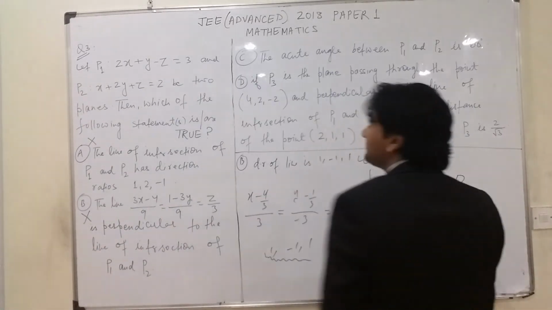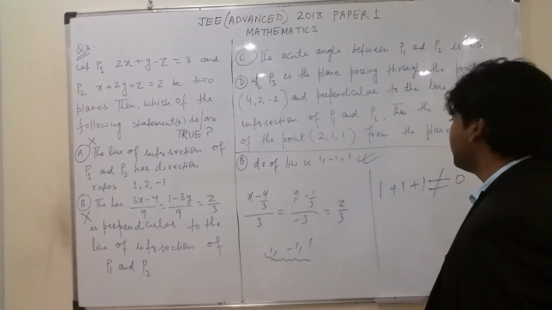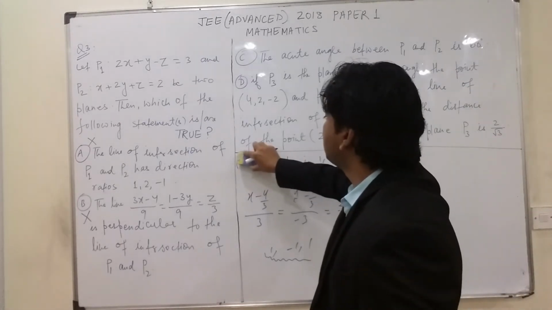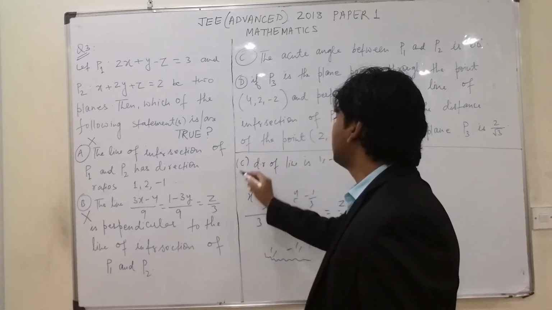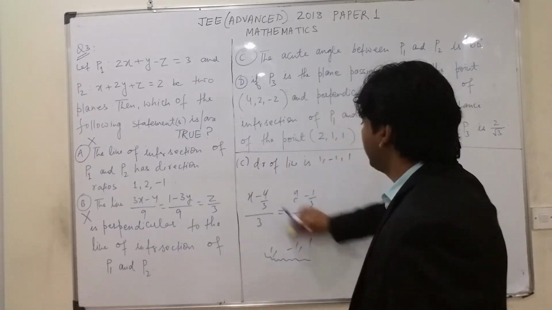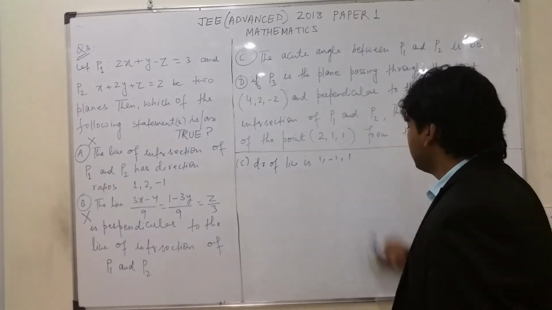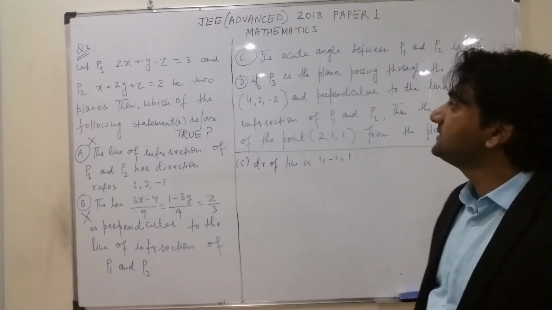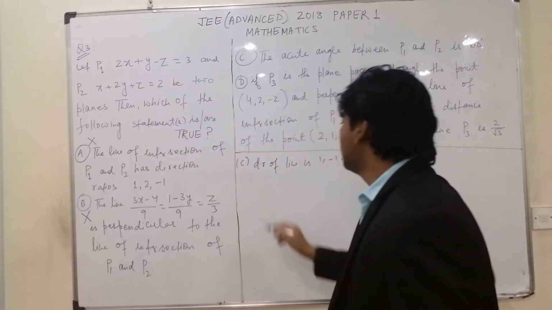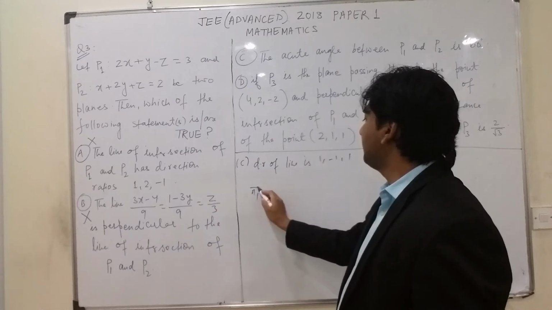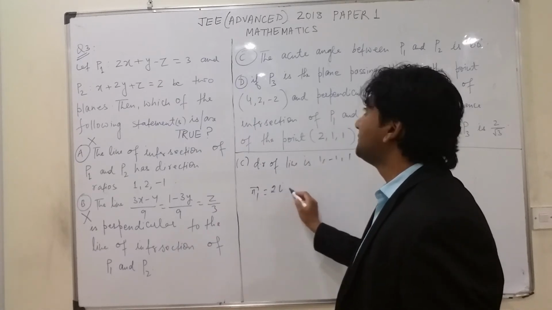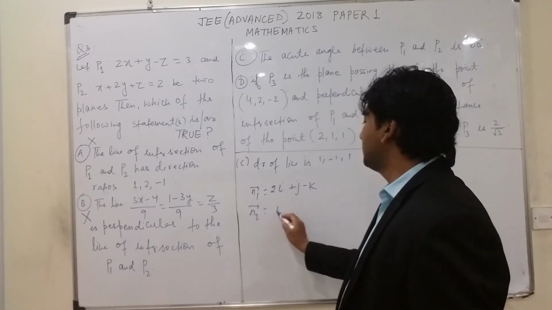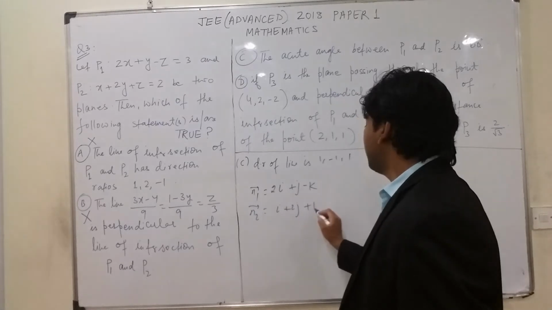Now we will check option C and option D. First is option C: the acute angle between P1 and P2. The normal of P1 was 2i plus j minus k and N2 was i plus 2j plus k.